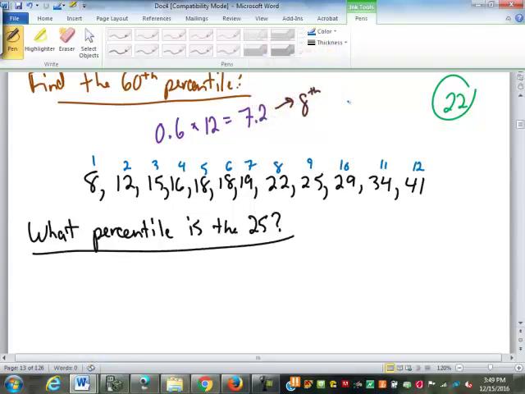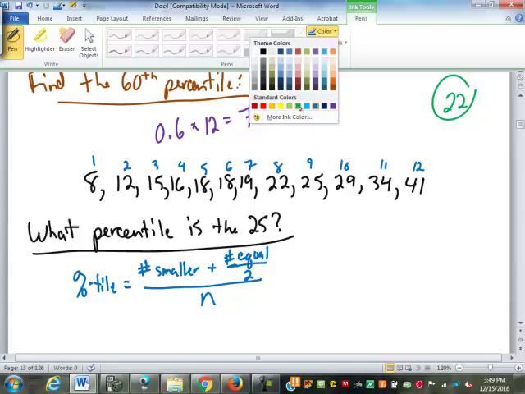To find the percentile a number is in, it's equal to the number that are smaller than that number plus the number that are equal to it divided by 2. And that's all divided by n, the total number in the list.